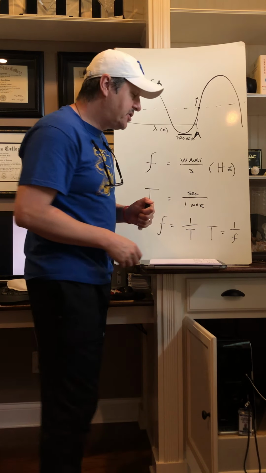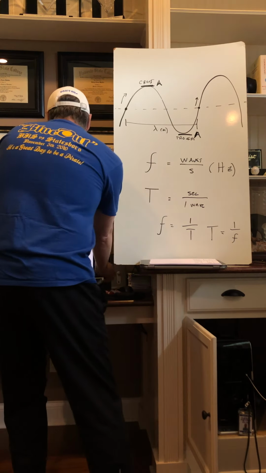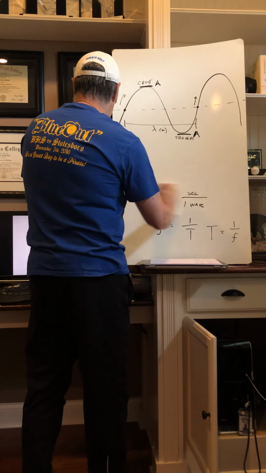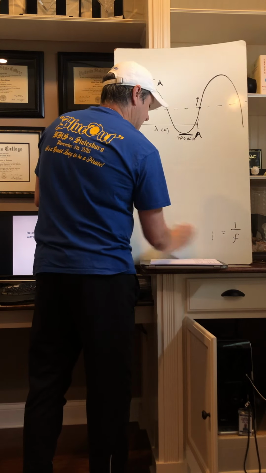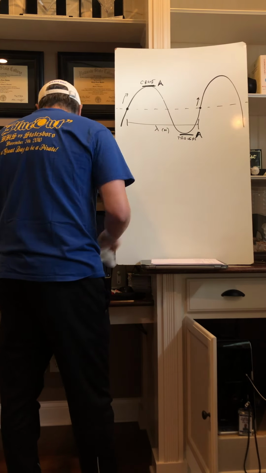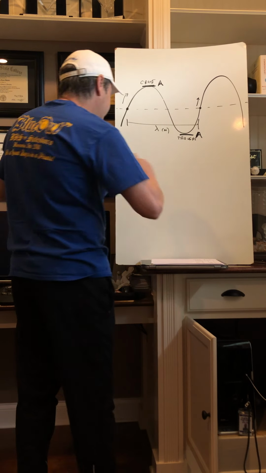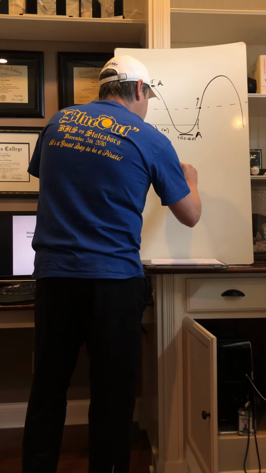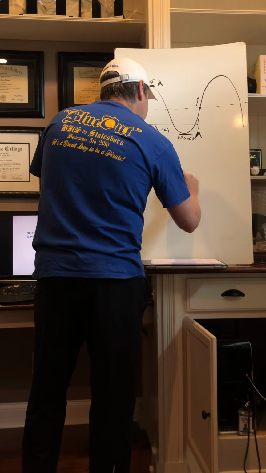There is a relationship between the speed of a wave and the wavelength. So two formulas here, both derived from each other. The speed of a wave, velocity, is wavelength over period.